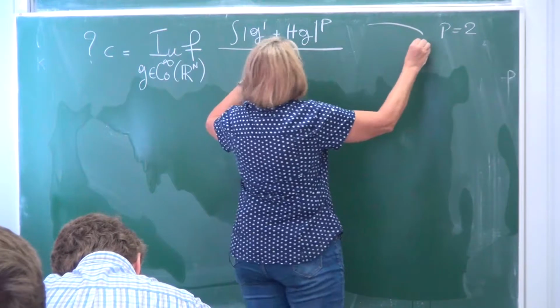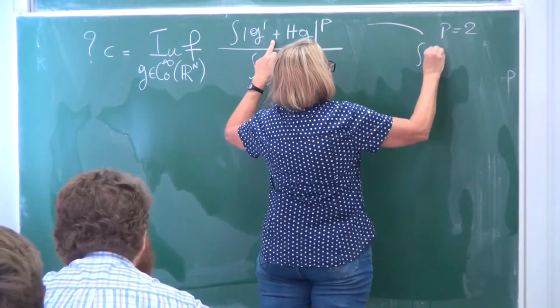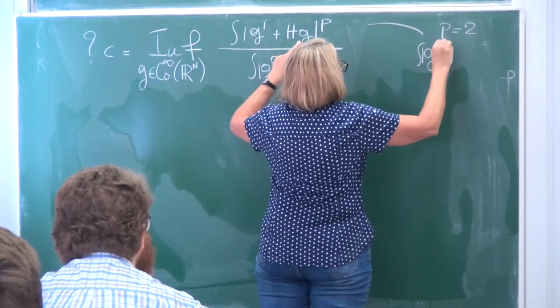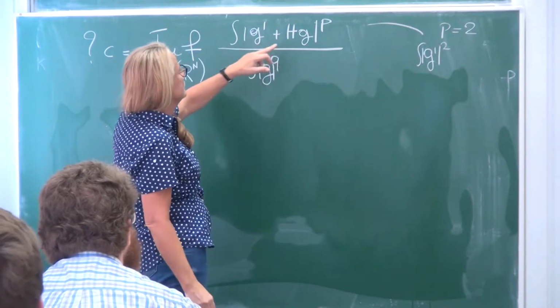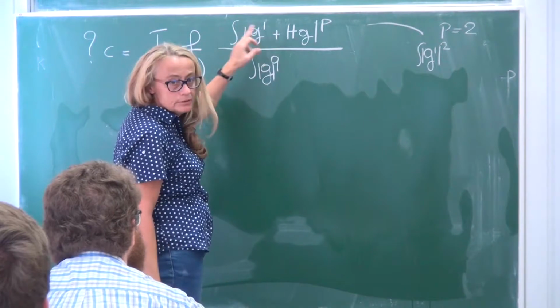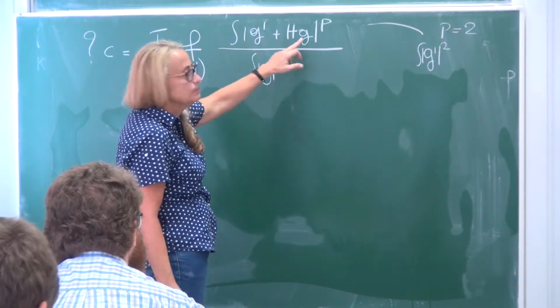If p is equal to 2, then you can compute this explicitly, integrating by parts. The integral of the double product is 0. You have some g g prime, which is 0.